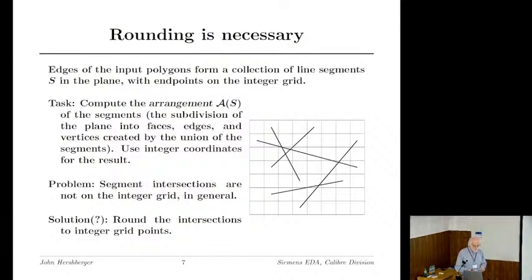What we have is, we need to do some rounding. So the edges of the input are a collection of line segments whose endpoints are on the integer grid. When we compute the intersections of these line segments, those intersections will oftentimes not be on the integer grid, but we want the output to be represented with integer grid points. So that means that we need to round the intersections to the integer grid points.